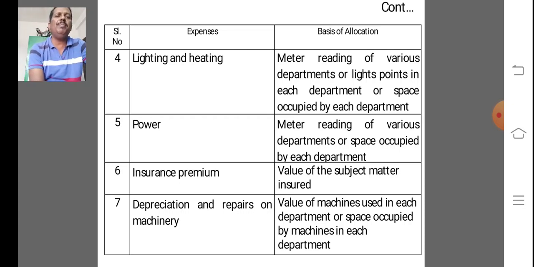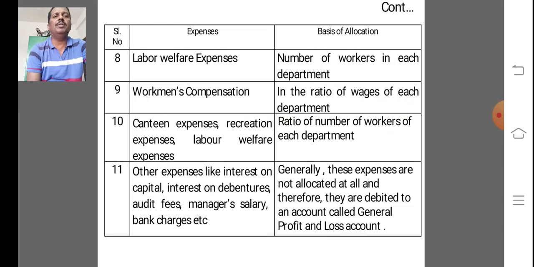Insurance premium: value of the subject matter insured. Depreciation and repairs of machinery: value of machinery used in each department or space occupied by machine in each department. Labor welfare expenses: number of workers in each department. Workmen compensation: in the ratio of wages of each department. Canteen expenses, recreation expenses, labor welfare expenses: ratio of number of workers of each department.